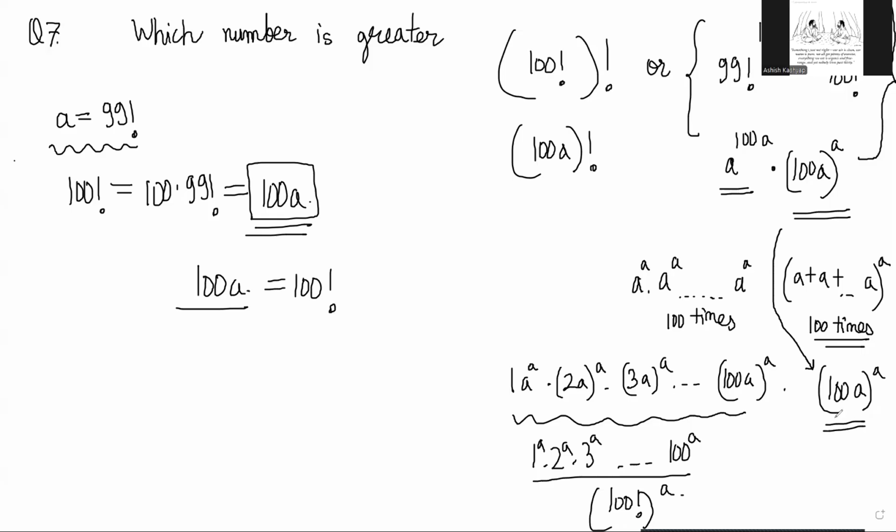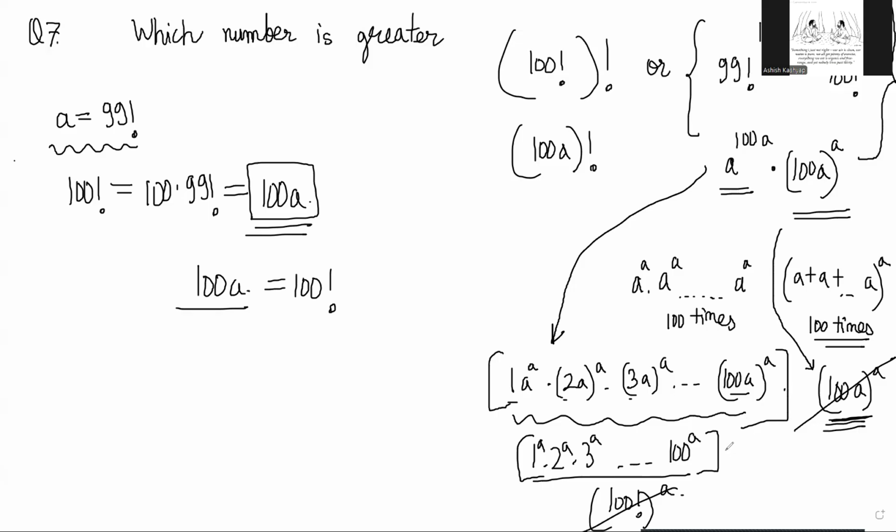So this is also 100 factorial power A. Basically, what I did was put 1, 2, 3 in each of these terms, and then I divided by those things. When I simplified it, I realized that this is canceling this. So basically, this right hand side is equal to this.